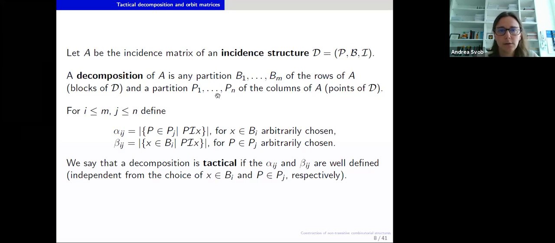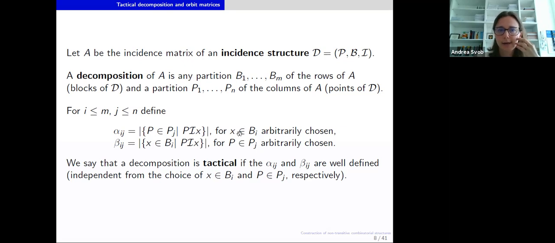What can we do more? Take i less than or equal to m and j less than or equal to n. In the first step, we fix a block from one class of the block partition, and we are interested in the number of points that are incident with this fixed block and lie in a particular class of the point partition.